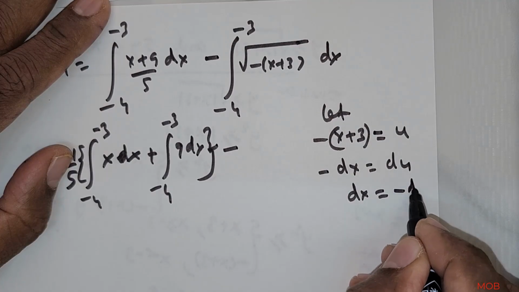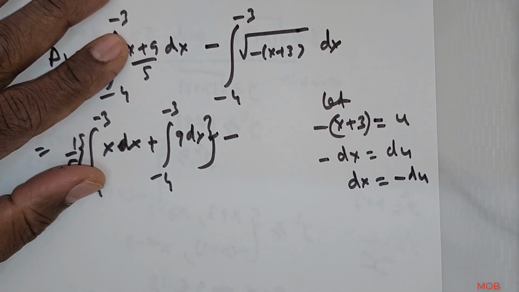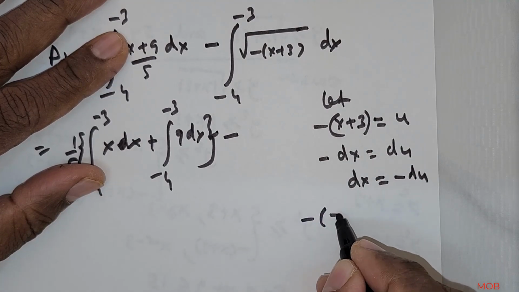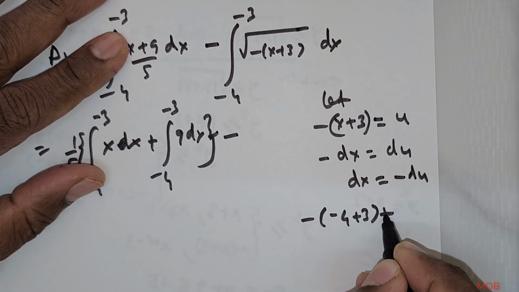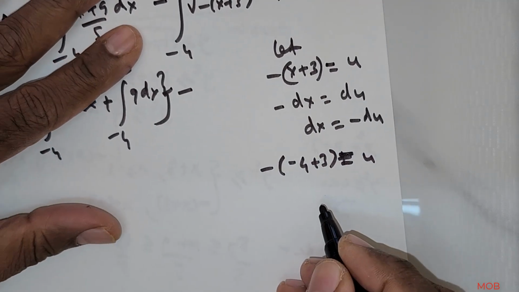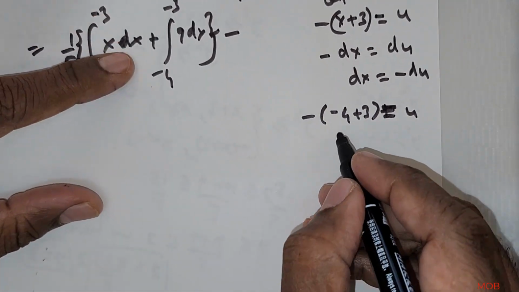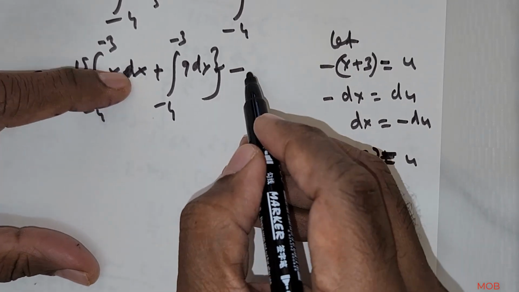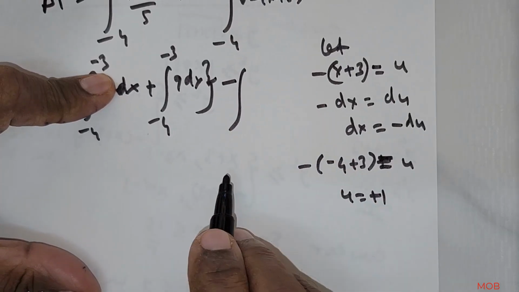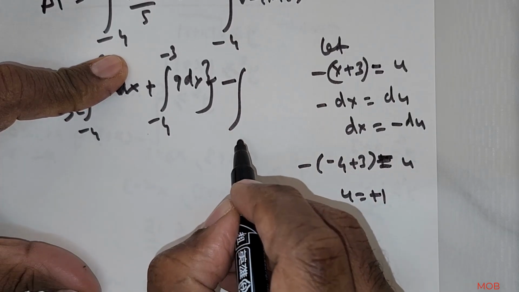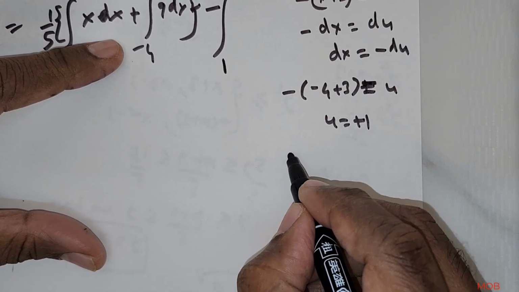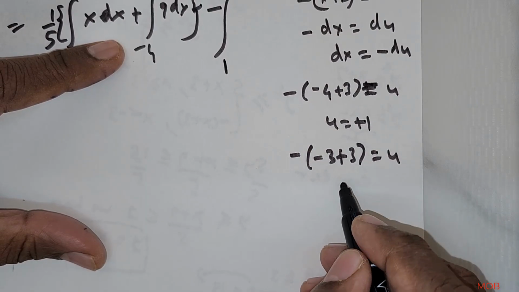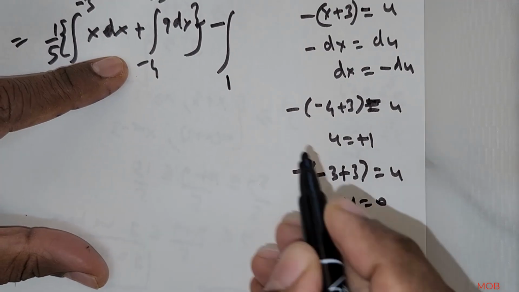But anyway, let me just take it as a negative du. So when x is negative 4, what happens? Negative 4 plus 3 is equal to negative 1. So u is going to be positive 1. So the limits: when x is equal to negative 4, u is positive 1. When x is negative 3, u is 0. Right? U is equal to 0.